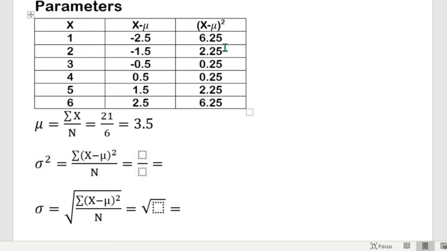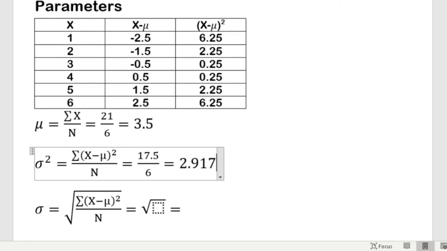That is, we add all the values here, 6.25 plus 2.25 plus 0.25 plus 0.25 plus 2.25 plus 6.25, and we get the sum 17.5. We divide by the population size, which is 6, and 17.5 divided by 6 is 2.917 in 3 decimal places. That is now the population variance.